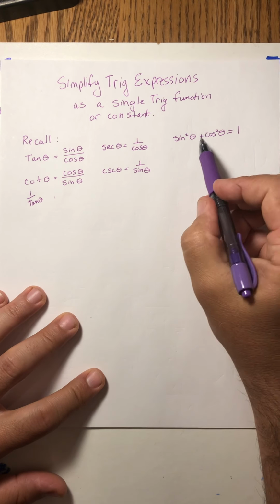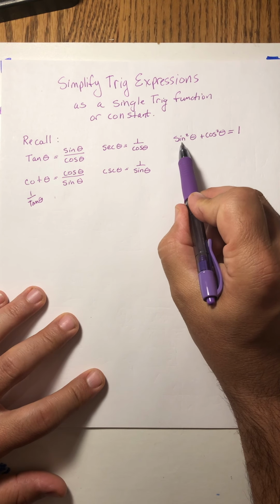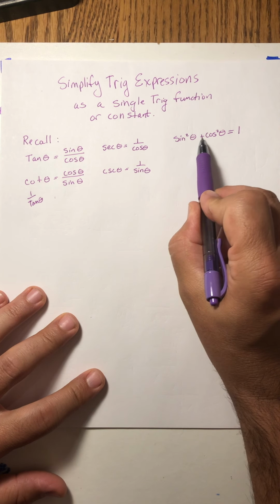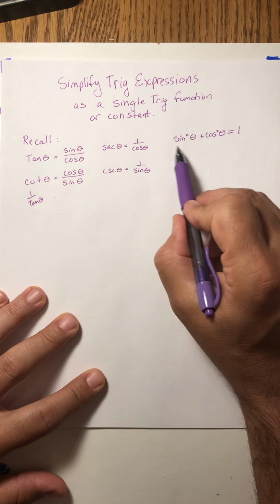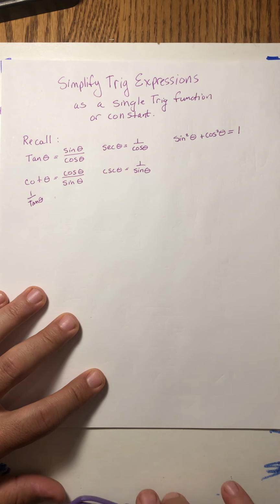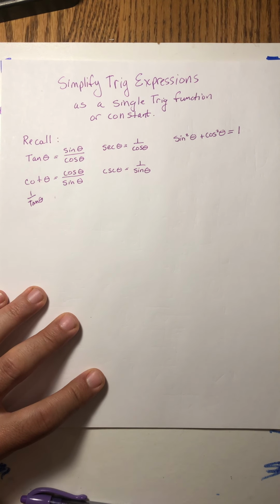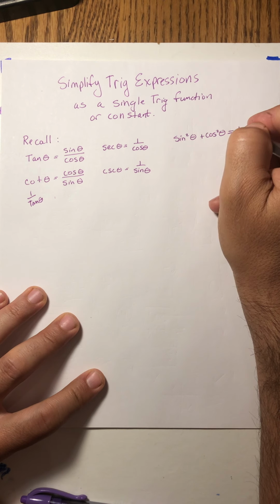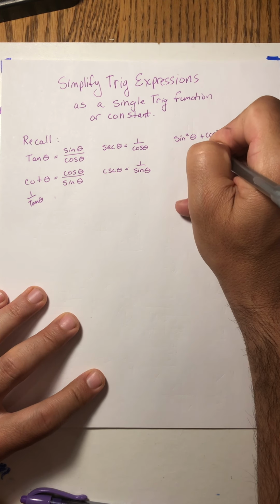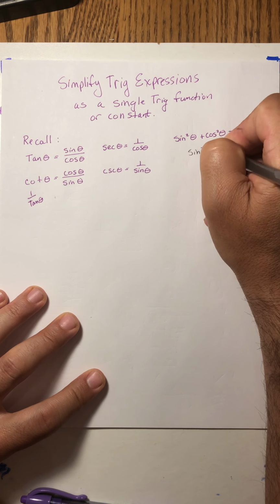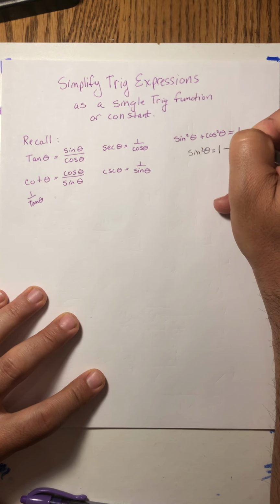Okay? And then also in the unit circle, we picked up this little Pythagorean identity right here. Sine squared plus cosine squared equals 1. There are two variations of this. What do I mean by a variation? Well, meaning I can rewrite this equation so it says sine squared of theta is equal to 1 minus the cosine squared of theta.